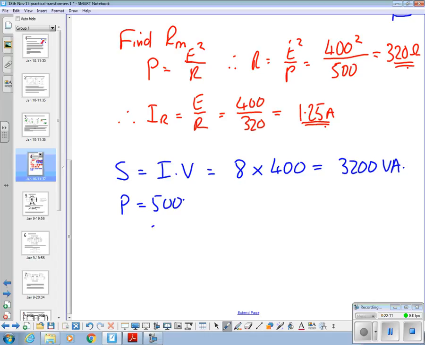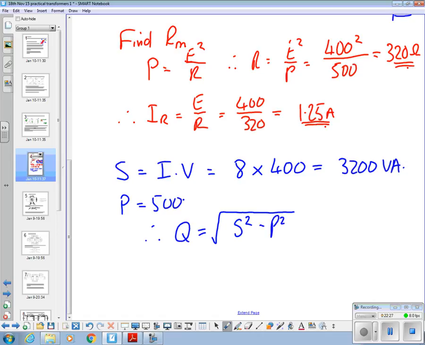So Q. Go on, I just want the number. Now I want you to tell me the formula. Q is equal to the square root of S squared minus P squared. Correct. All square rooted.